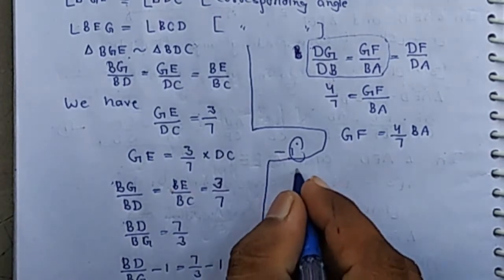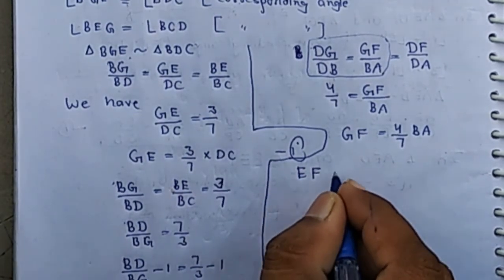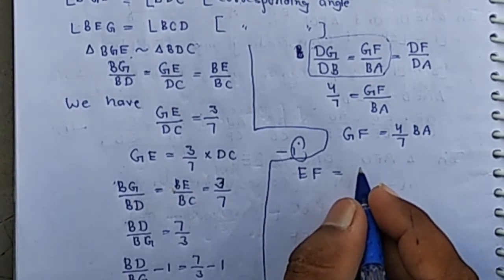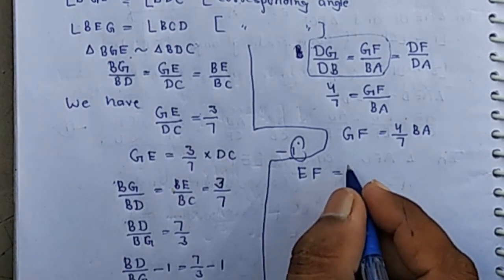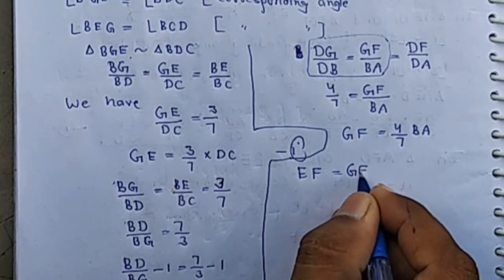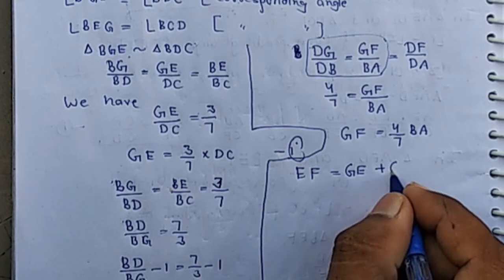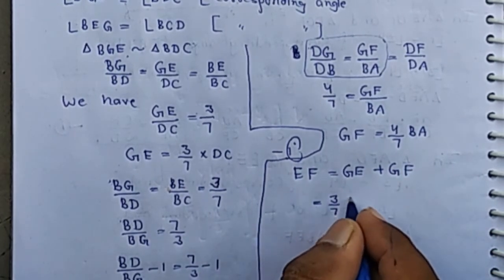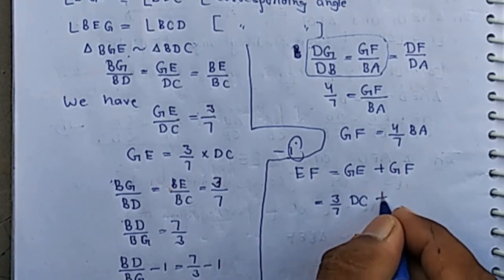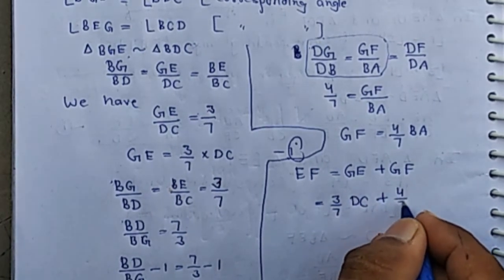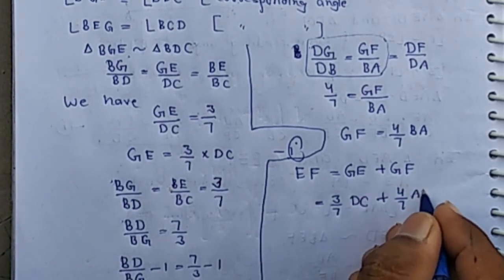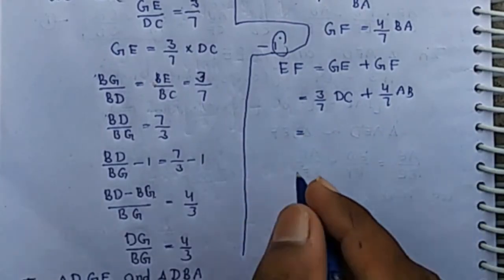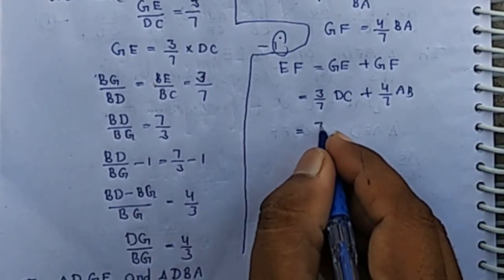Now EF is equal to GE plus GF. GE is 3 by 7 DC and GF is 4 by 7 BA, or AB. DC is equal to twice AB, given.